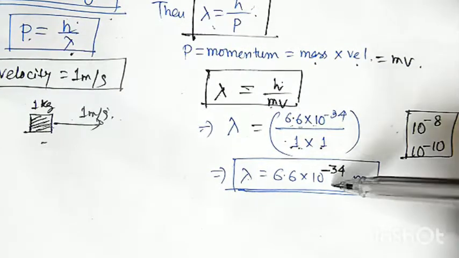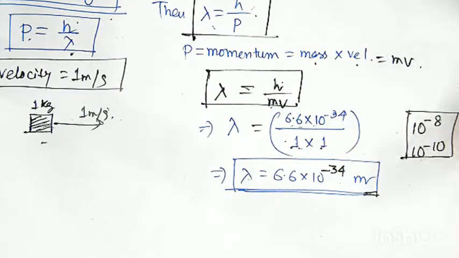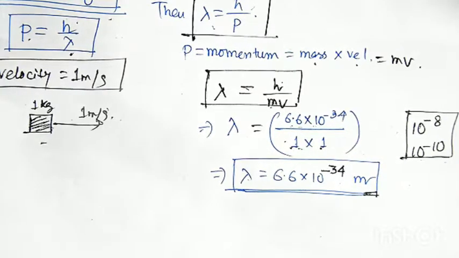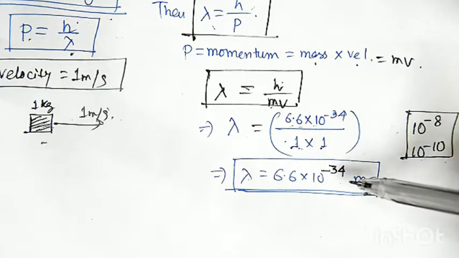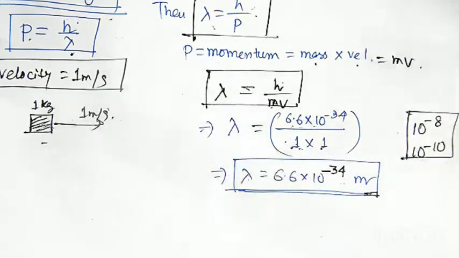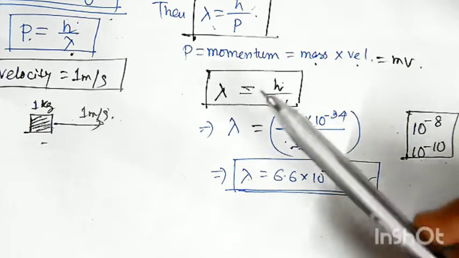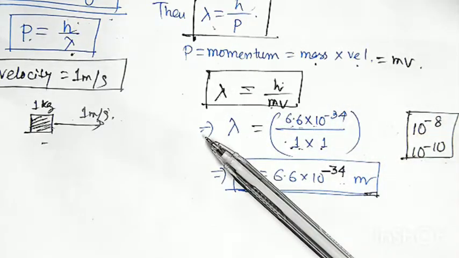But this 10 to the power minus 34 is many times smaller. It is infinitely small with respect to the things we observe in our daily life. So we can conclude that matter waves, which are waves corresponding to this kind of masses, are extremely small to observe, and that is why we cannot see the waves coming out of these pens or other things.